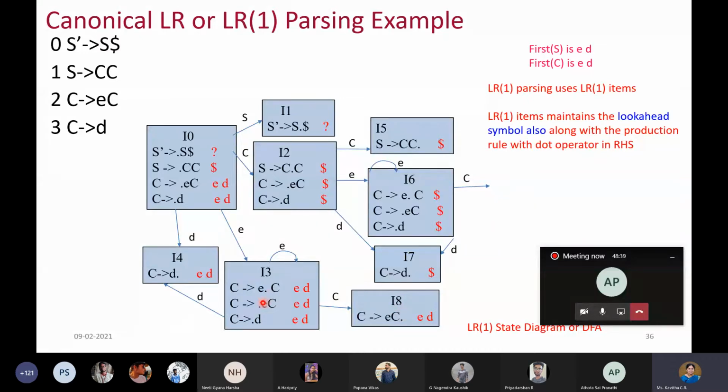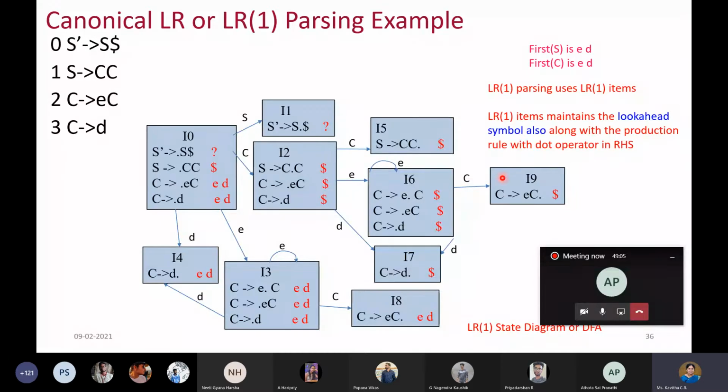And when we read E, it remains in the same state because it is going to have the same content and same look ahead symbols. When you read D, look ahead symbols will be E and D, and already we have this rule defined in I4, so we can reuse that. So that is done, and I5 is done.